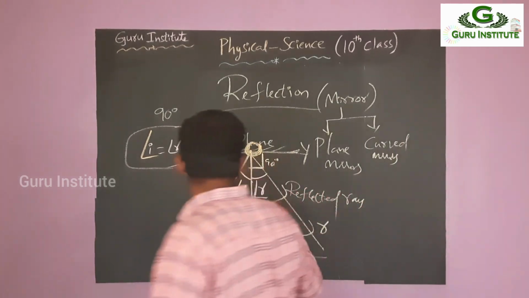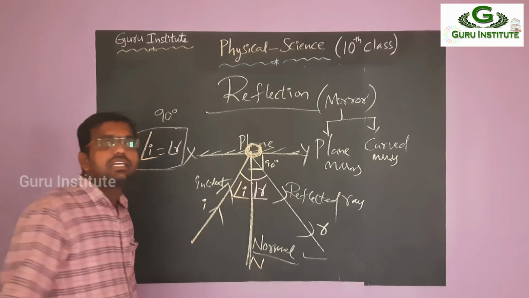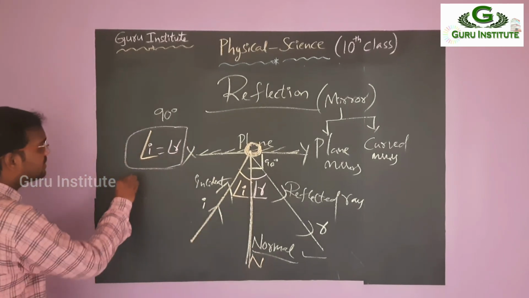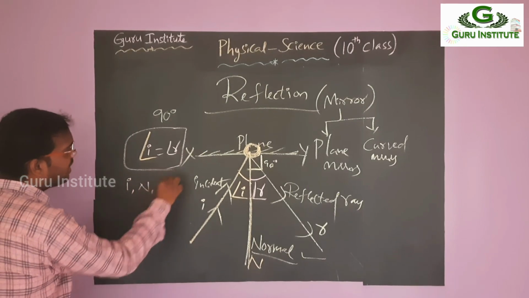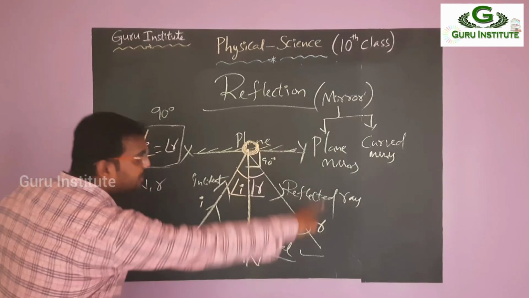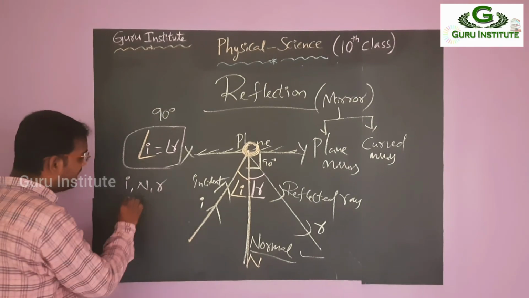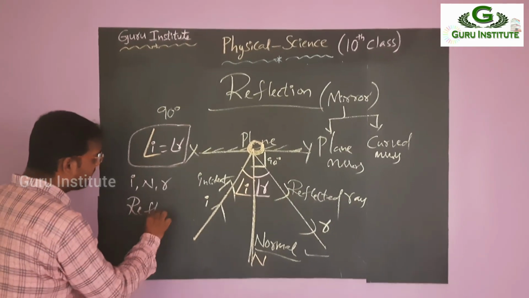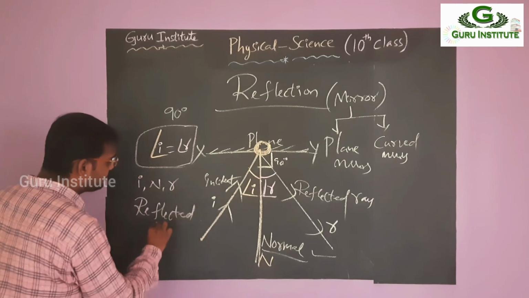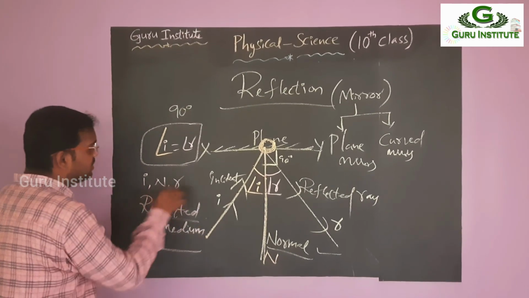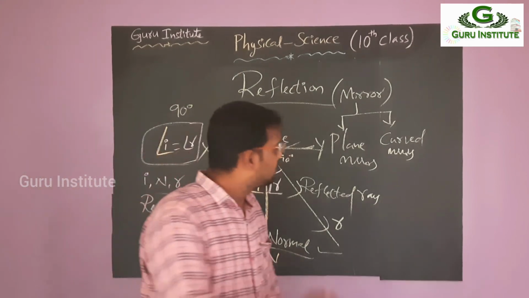Here all lie on the same side, that means the same medium. So I, N and R all lie in the same medium. That is called the reflected medium.